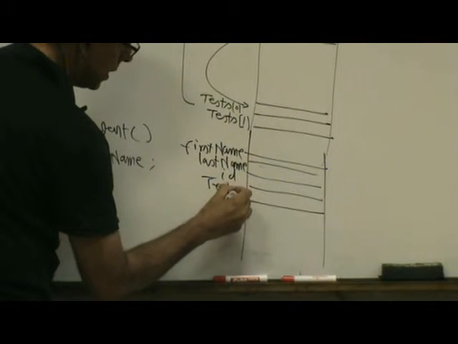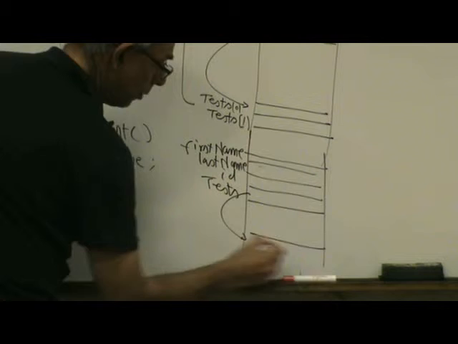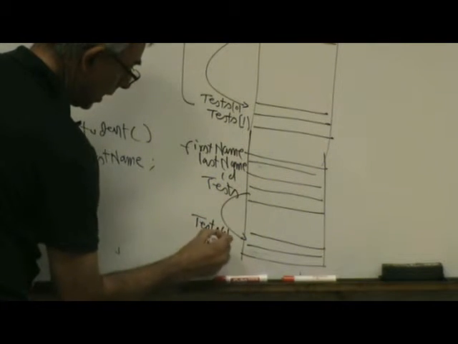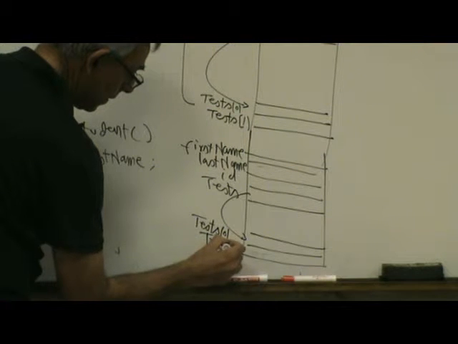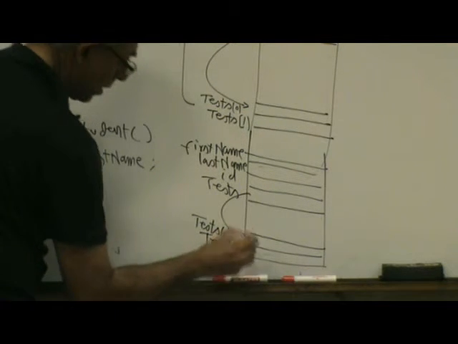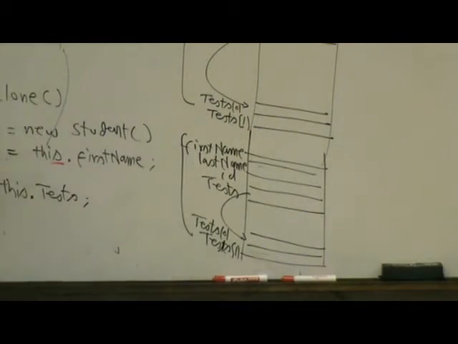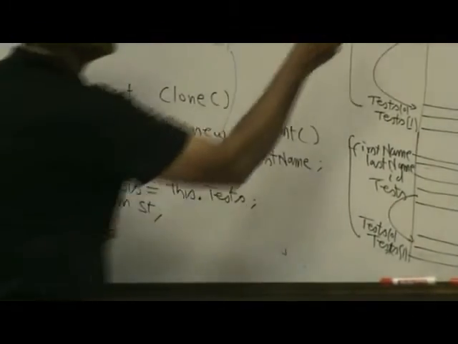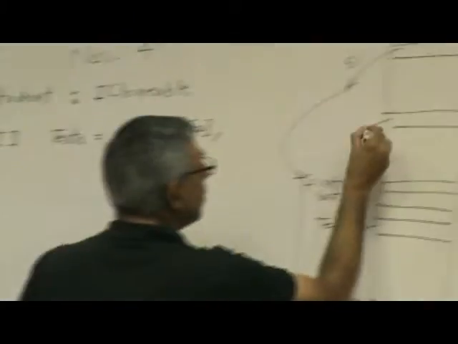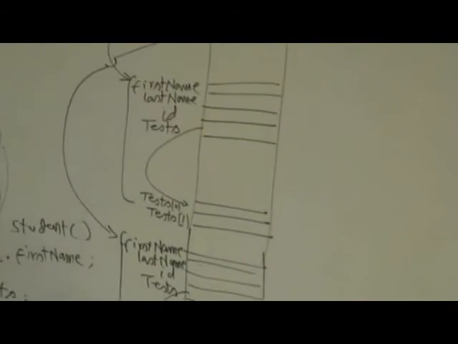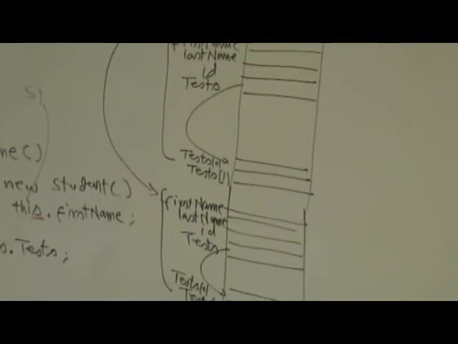We'll create tests, and this tests will be pointing to tests of 0 and tests of 1, correct? Okay, so now this is our ST object, ST equal to new. So if I put ST over here, ST is pointing over here, right? So now let's go further.